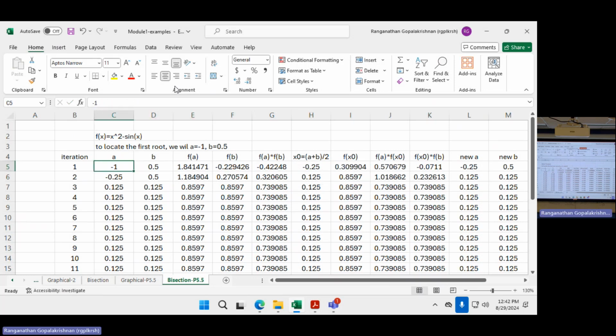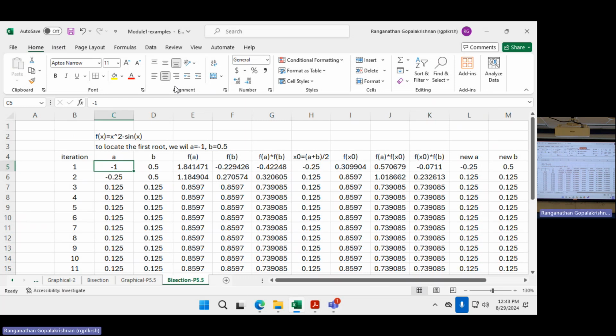Once I updated that, how many times do we compute the function within one iteration? We compute f of a, we compute f of b, we compute f of x naught. 3 times. Except those 3 times, all other calculations are generic to the method. They don't depend on the actual function.